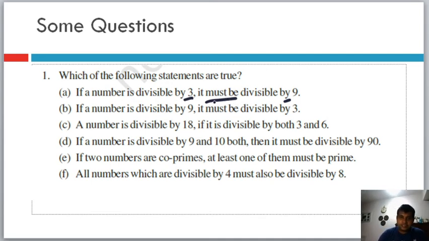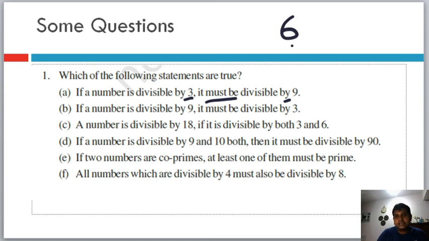Wherever must or never appears, read it carefully, because it means it will always be so or it will never be so. Whenever must be and never are used, you should become conscious and more careful. Now understand that if a number is divisible by 3, it must be divisible by 9. Now let's take a number 6.